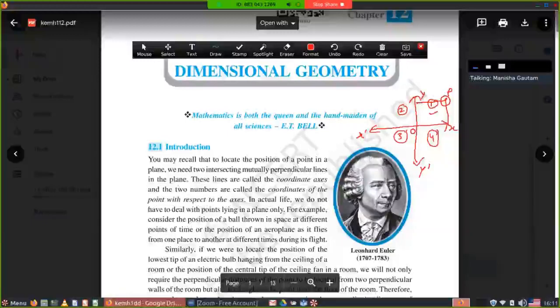These lines are called the coordinate axes, and the two numbers are called the coordinates of the point with respect to the axes. Axes is the plural of axis. Axis is used for one line and axes for two lines.